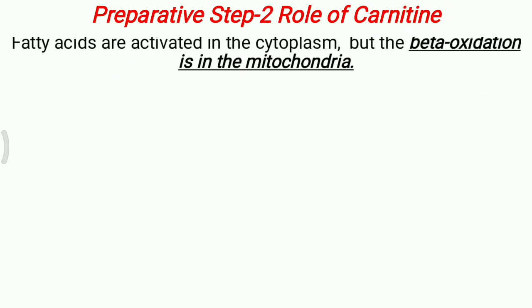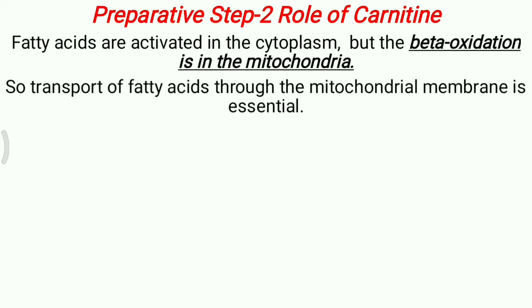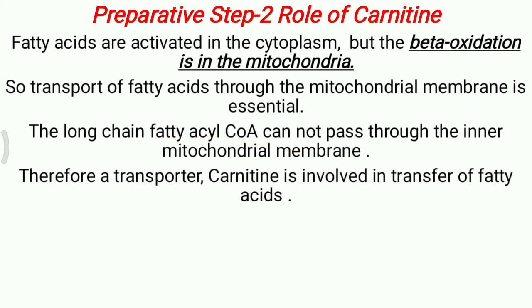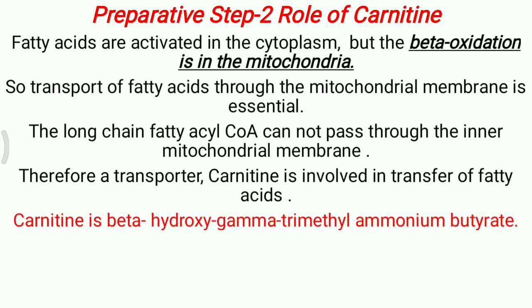The next preparatory step needs one more molecule, carnitine. Fatty acids are activated in the cytoplasm, but beta oxidation occurs in the mitochondria. So transport of fatty acid through the mitochondrial membrane is essential, and the long chain fatty acyl CoA cannot pass through the inner mitochondrial membrane easily. For that, a transporter is needed, and carnitine works as the transporter involved in the transport of the fatty acid.